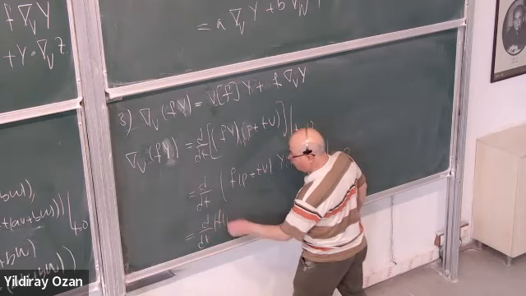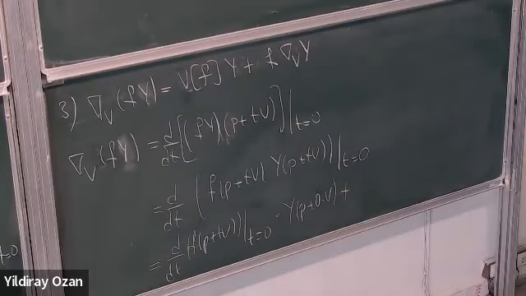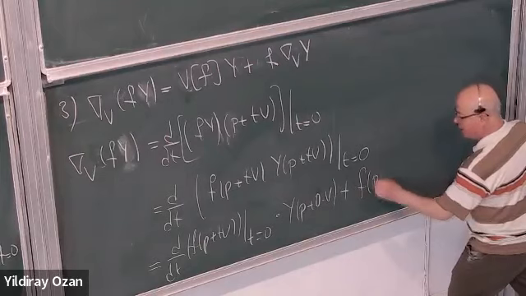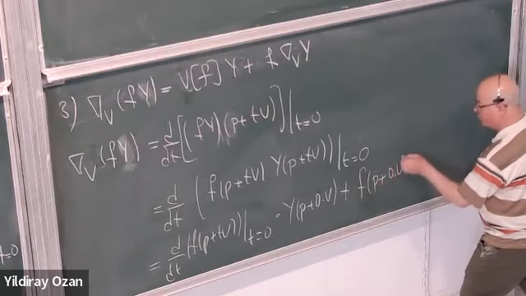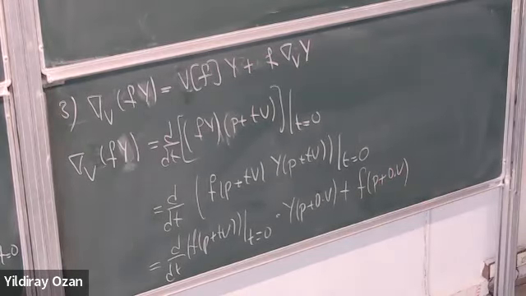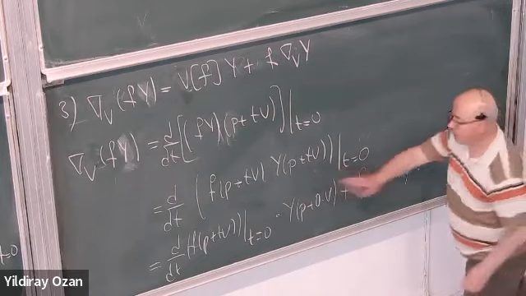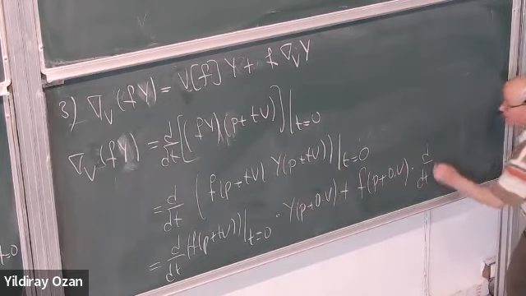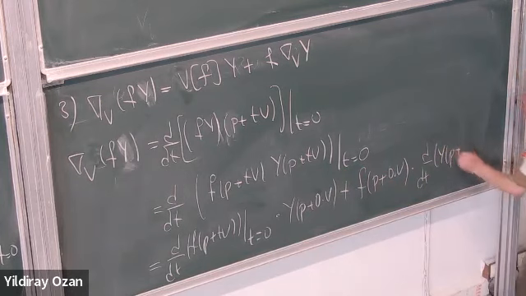So p plus 0 times v, plus the first object evaluated at t equals 0 times the derivative of this, d dt of Y at p plus tv at t equals 0.